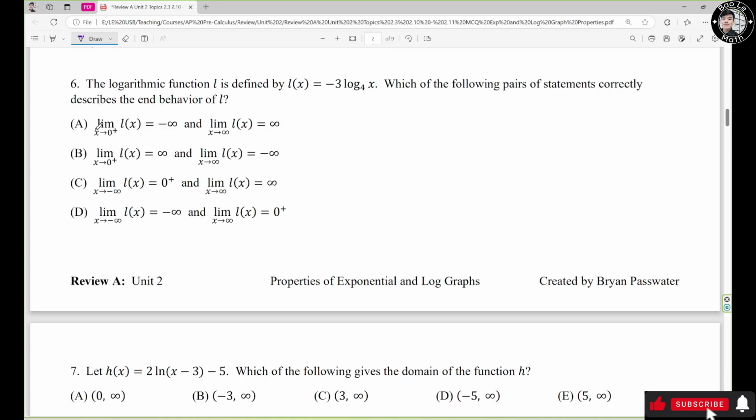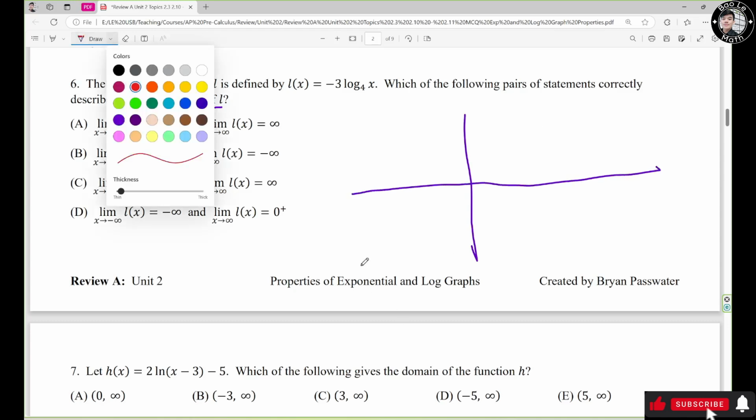Now question 6. The logarithmic function L is defined by L of s equals -3 log base 4 of s. Which of the following pairs of statements correctly describe the end behavior of L, right? So we just get this one first, right? So we have the logarithmic function is going to be like this.